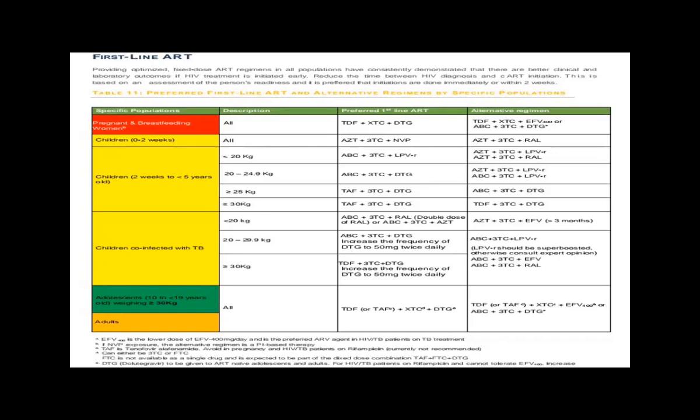So for adolescents between 10 to 19 years weighing more than 30 kg, and for all adults, we're going to give tenofovir or TAF, which is tenofovir alafenamide, plus 3TC, which is lamivudine, plus dolutegravir.